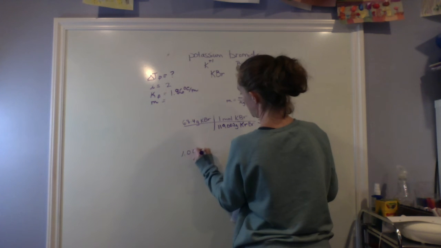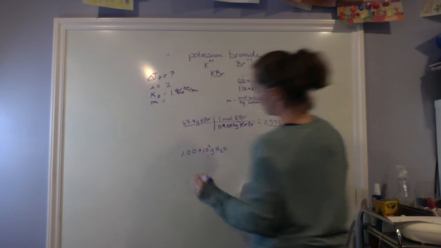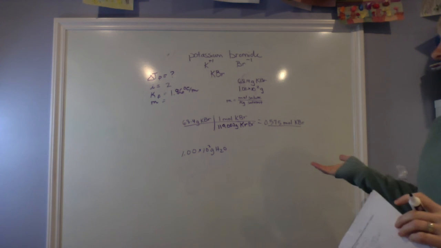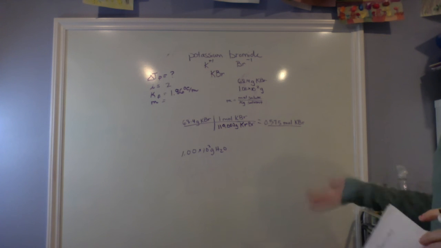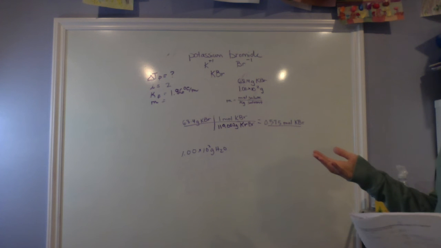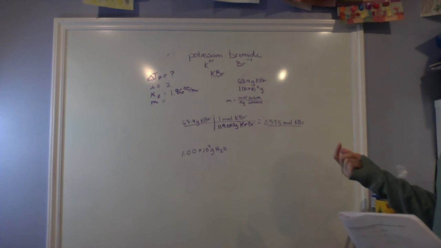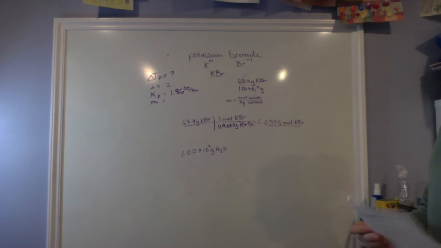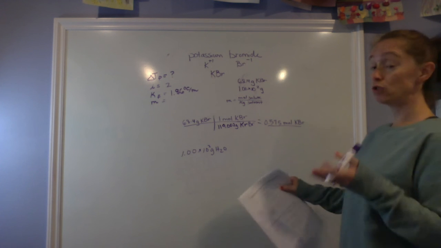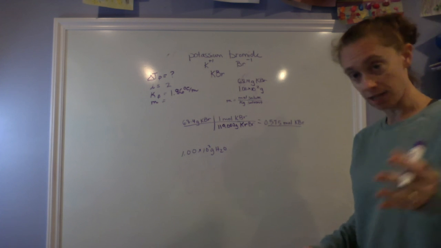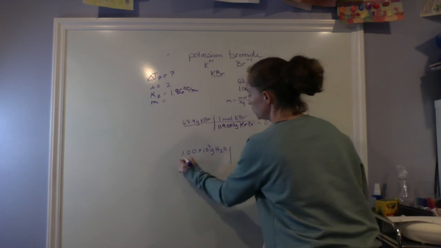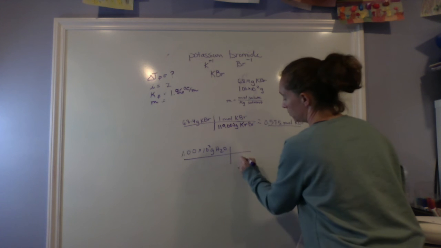Okay. So 1.00 times 10 to the second grams of H2O. We just need to make that into... lost my train of thought with my kid coming downstairs. We just need to make that kilograms. If you're not sure how to do that by just moving the decimal, remember, you can always rely on breaking it down.